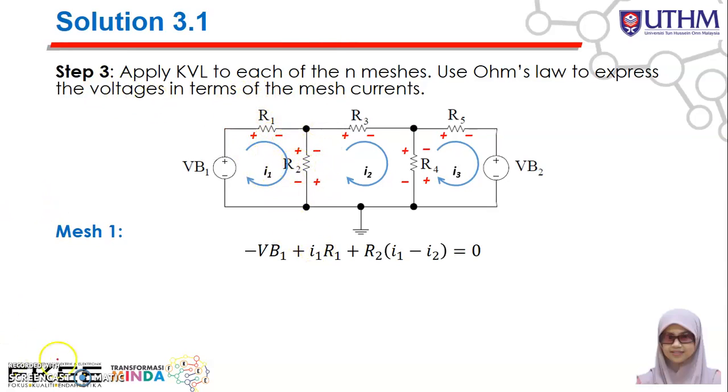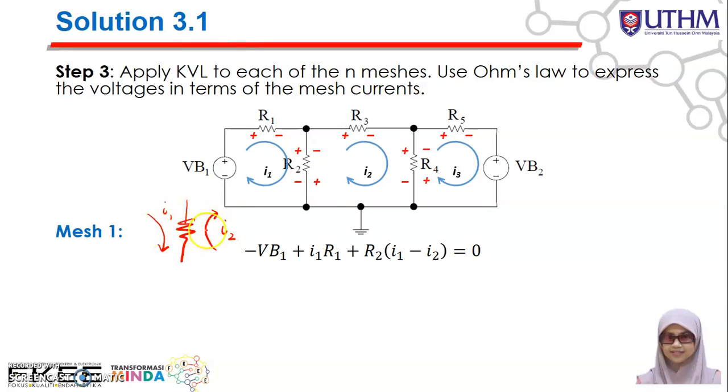First of all, I need to draw first. For the R2, let's say you have an R2 here, and then the current flow, here you have I1 and here you have I2.